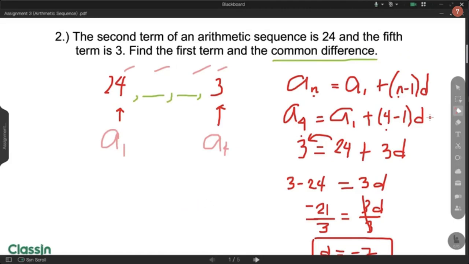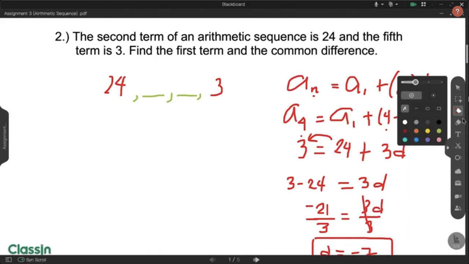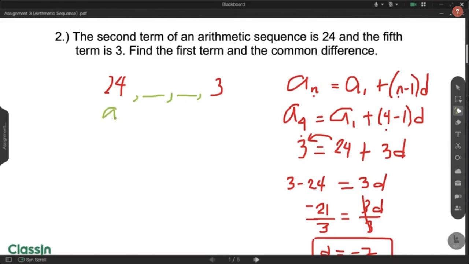Now that we have our common difference, we can erase this and that. And let's go back to the original given numbers and terms. This is now your a sub 2 again and your a sub 5. We have to find the first term.